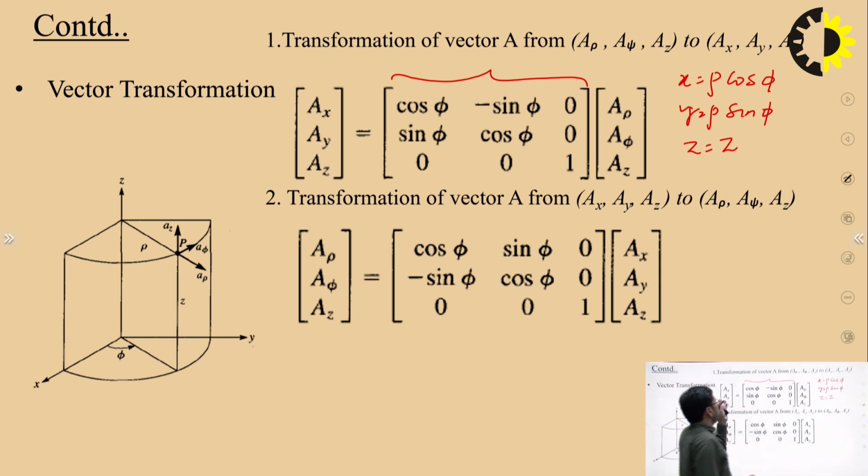Similarly, if you consider the y component, rho sin phi, first you have to take the differentiation with respect to rho, then you will get sin phi, then you take the differentiation with respect to phi, and sin converts into cos phi, and there is no z component, that's why it is equal to 0.